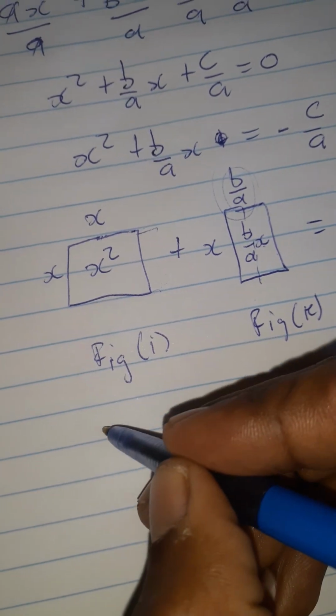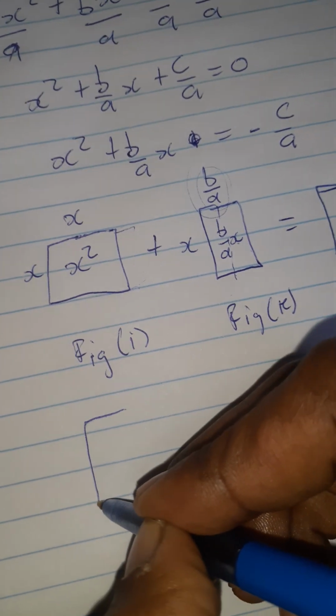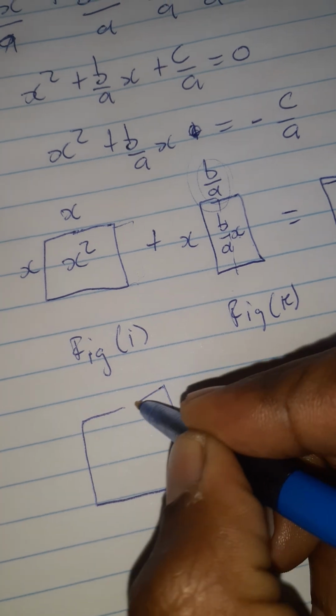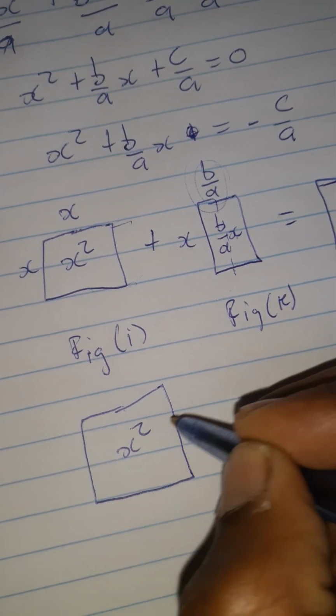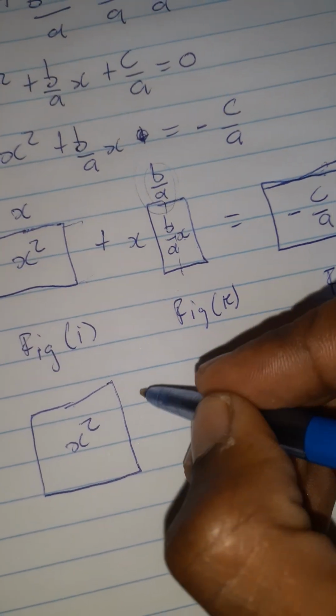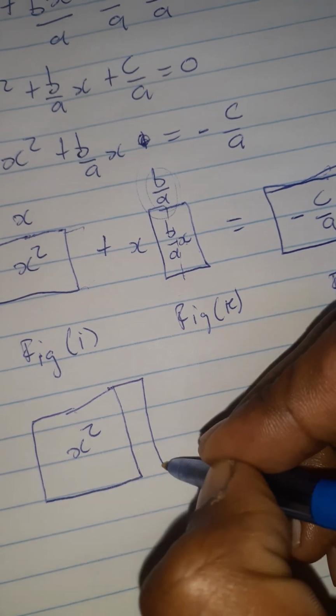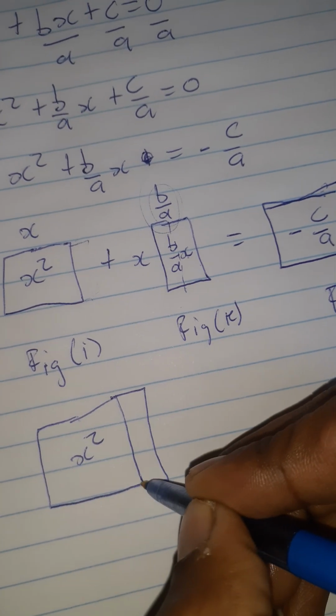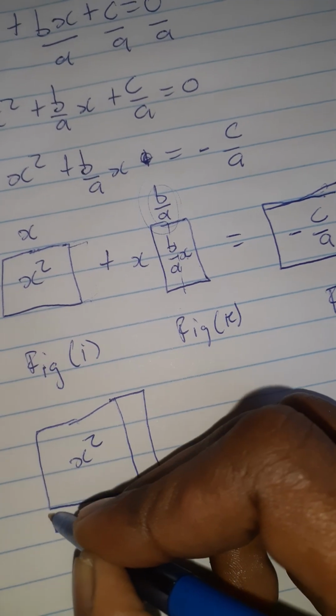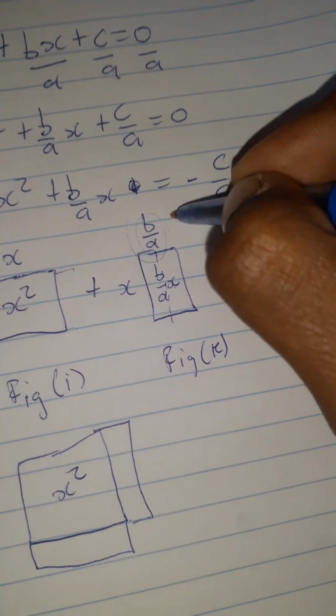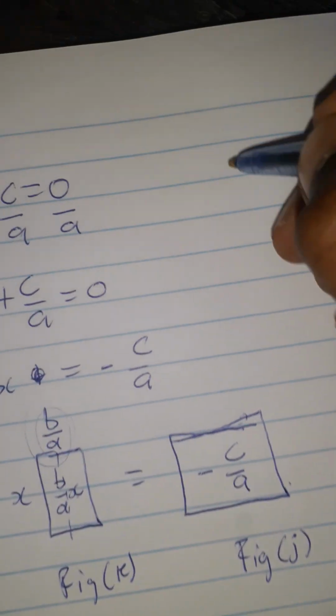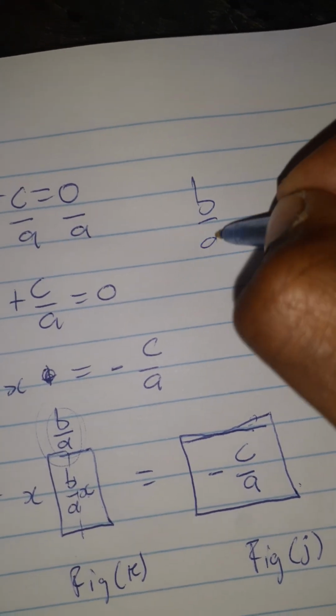Now we're going to have our figure underneath x squared, and half of this rectangle is going to go here, and half of this rectangle is going to go here. Now the breadth of the original rectangle is b all over a.